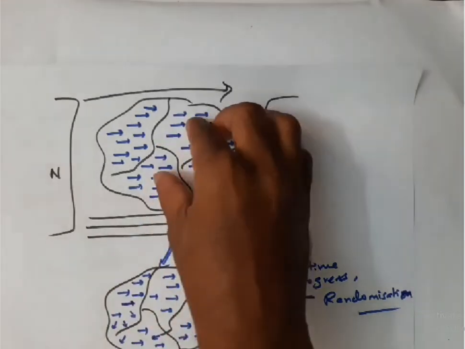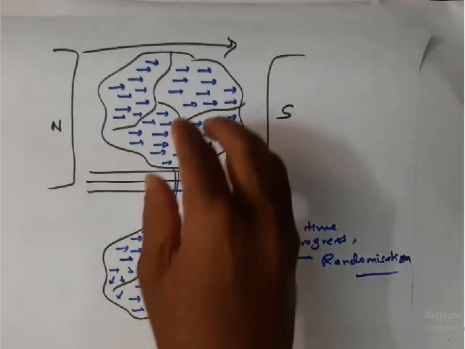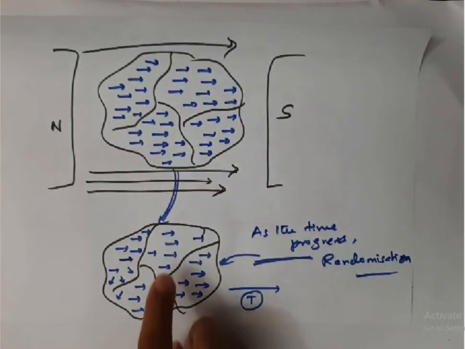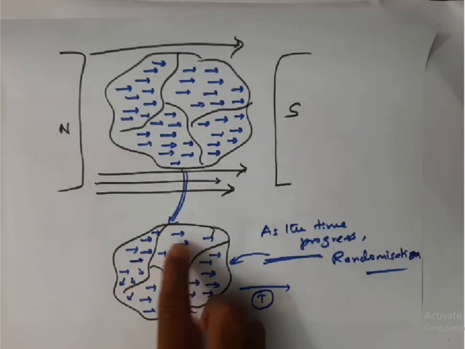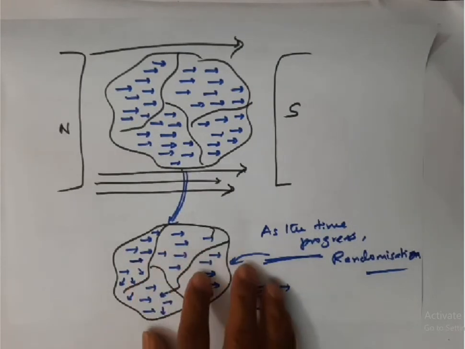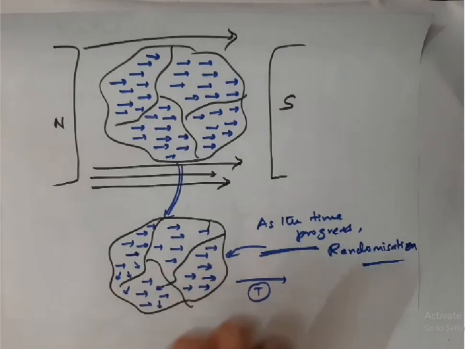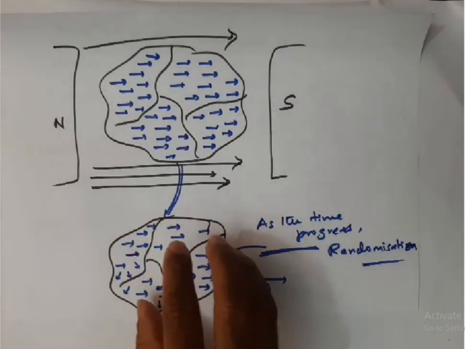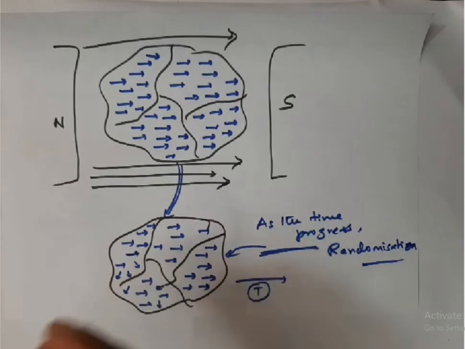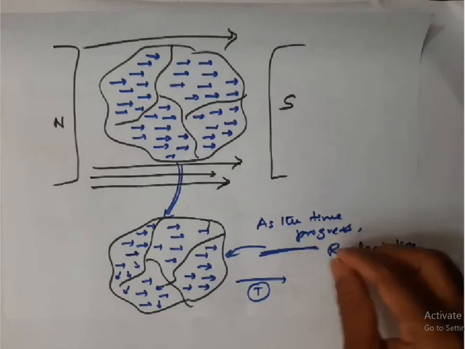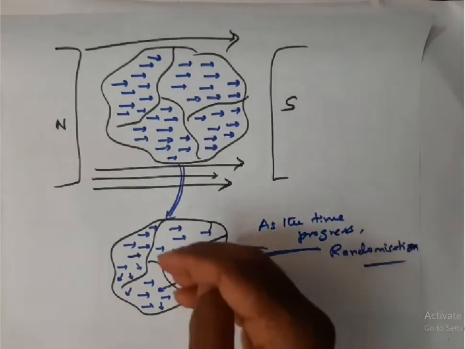Then if you remove this solid from the magnetic field, this orientation of the magnetic moments will remain for some time. During that period, this solid will behave like a magnet. If you bring any iron needle near to this, that iron needle gets attracted.